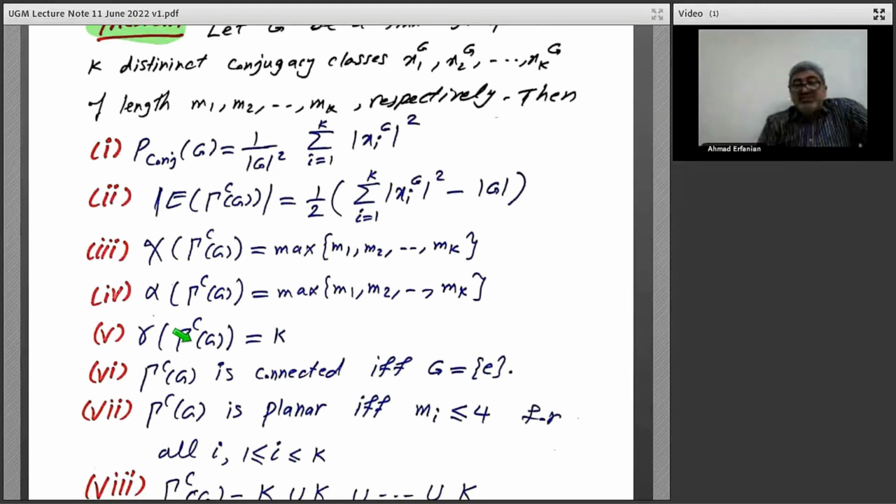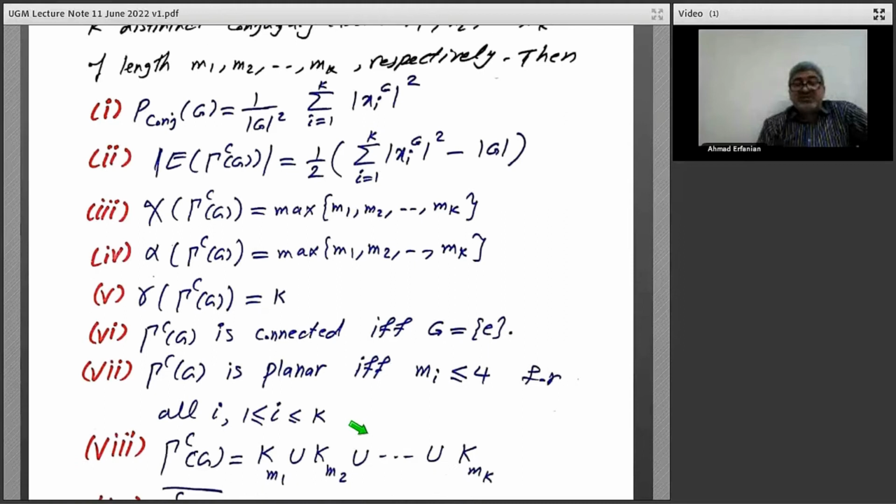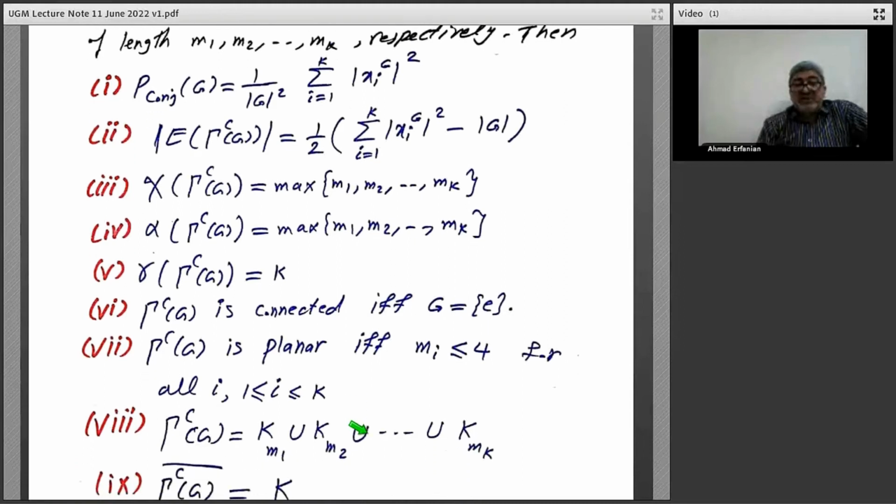Dominating number means the minimum size of a dominating set, and a dominating set is a subset of vertices such that for any vertex outside of this set, there is at least a vertex in the dominating set which is adjacent to that one.